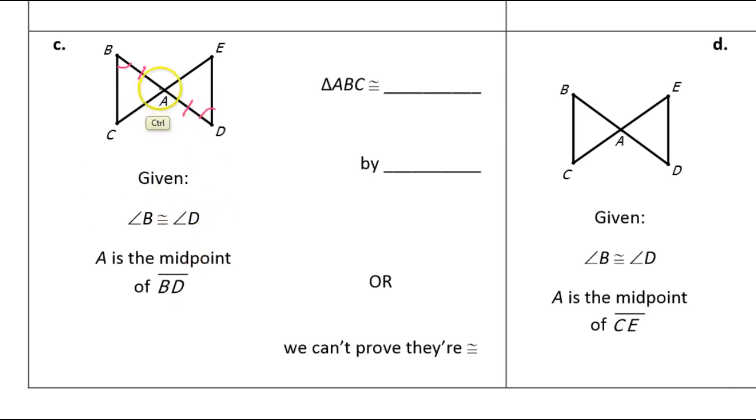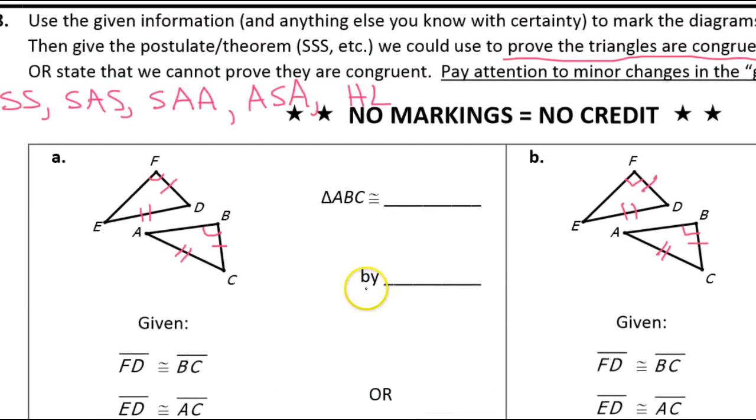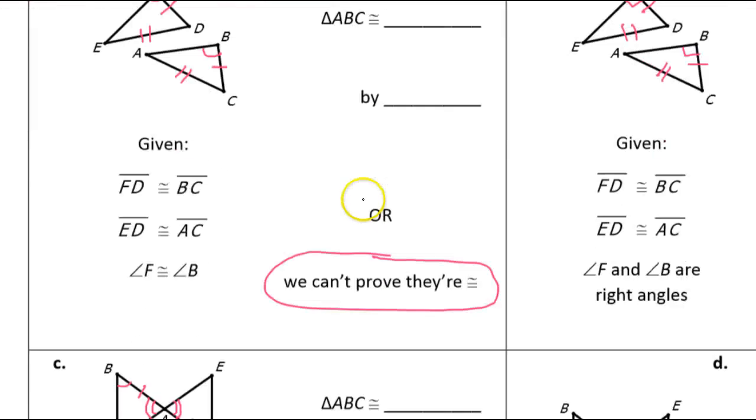In addition to what's given, when we see vertical angles like these, we can always mark them congruent, because vertical angles are always congruent. So I see two angles and the included side, the side that's in the middle. That is one of the ways: angle, side, angle.